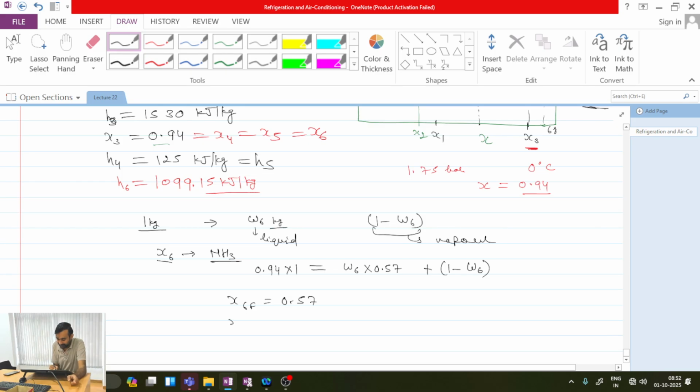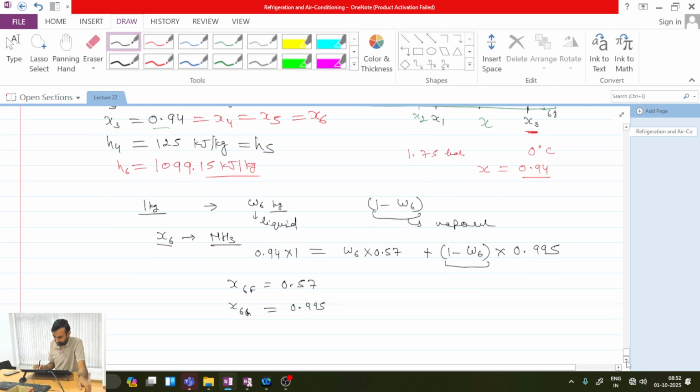And X6G is basically 0.995. It means 99.5% of the vapor is ammonia. So this total vapor mass multiplied by the composition of ammonia will give me the total mass conservation for ammonia. Correct? From this, how much is W6?